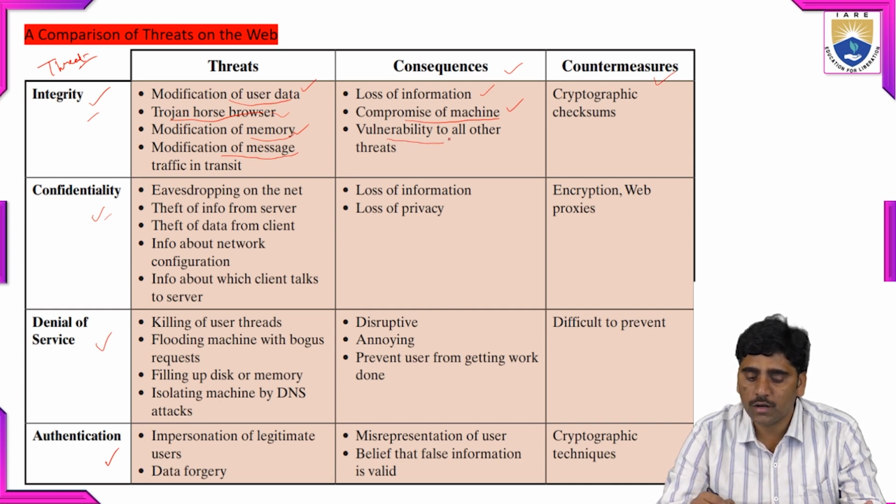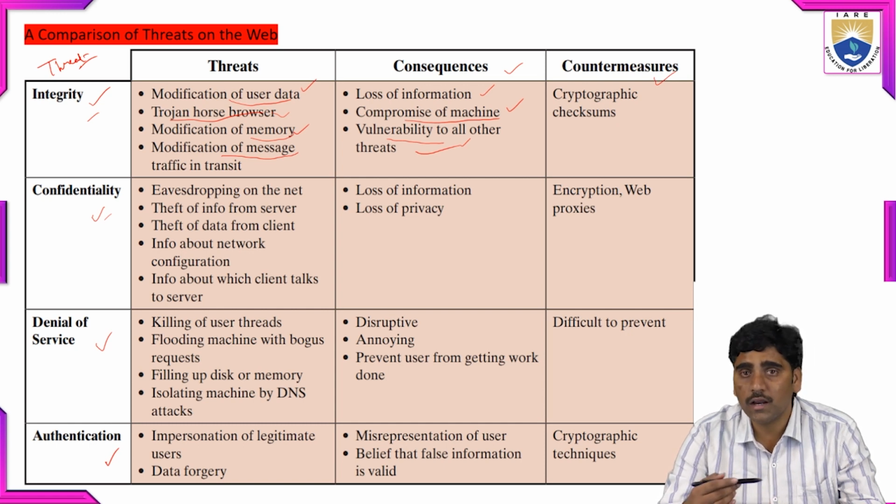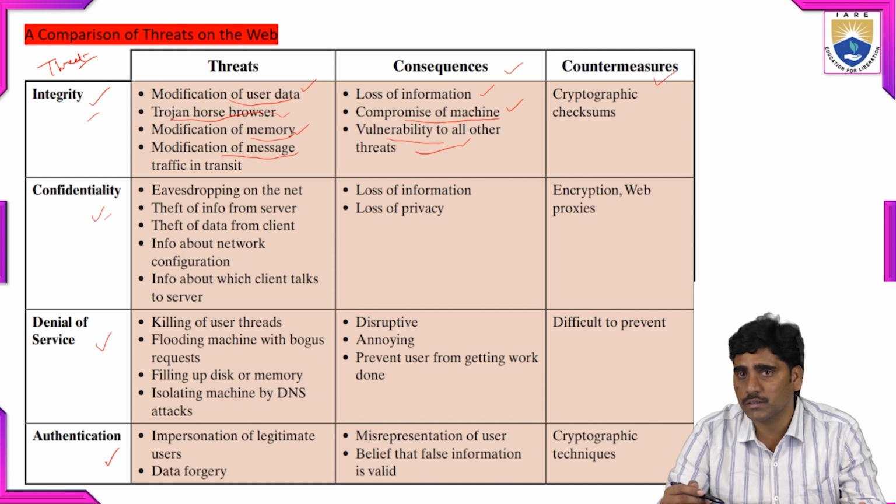There is also vulnerability to all other threats. If we give a chance to the integrity threat, it is a chance for other threats too, like confidentiality threats, denial of service threats, and authentication threats.